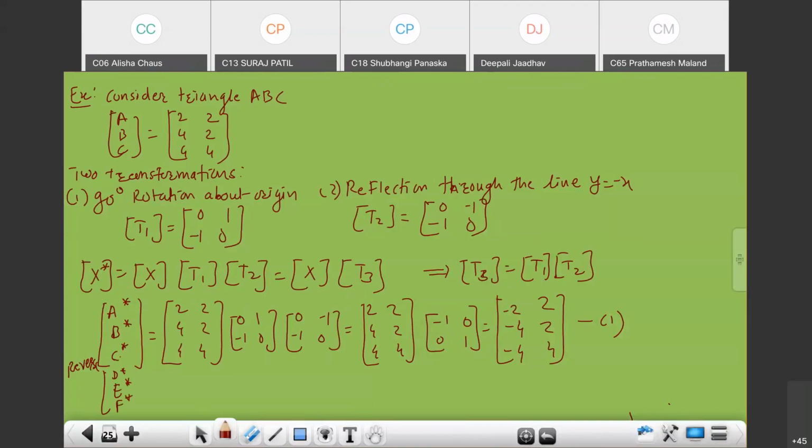With the resulting one, we apply the reverse transformation on 2 2, 4 2, 4 4. So first apply the reflection and then rotation: 0 minus 1 minus 1 0, then 0 1 minus 1 0.